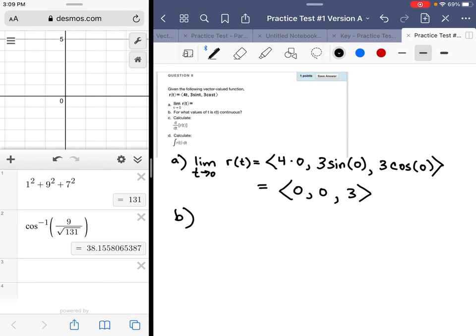All right, so that's not bad at all. Now, for Part B, it's asking for continuity, so we would look at each component individually and just conjure up our inner Calc 1 self and say, all right, what would be the continuity associated with a linear function? Linear functions are everywhere continuous. What about an ordinary trig function like a sine or a cosine? Everywhere continuous. So this is continuous on the interval of -infinity to infinity.